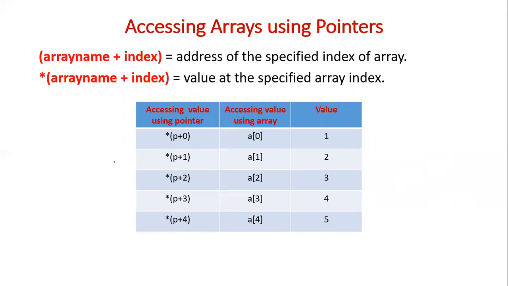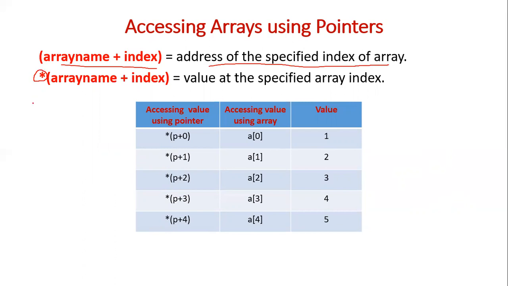Array name plus index is the syntax used to access the address of the specified index of an array. But if you want to access the value at that particular address, just add a star in front. That's all, because star represents value at address.